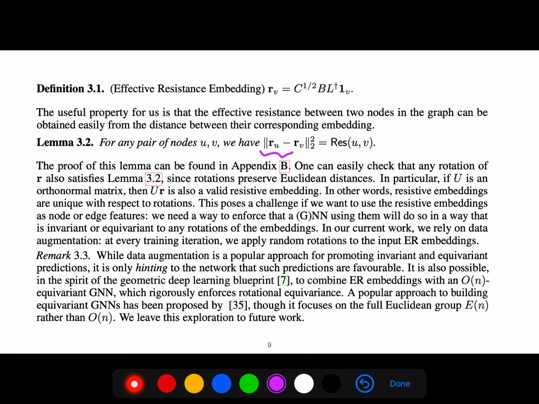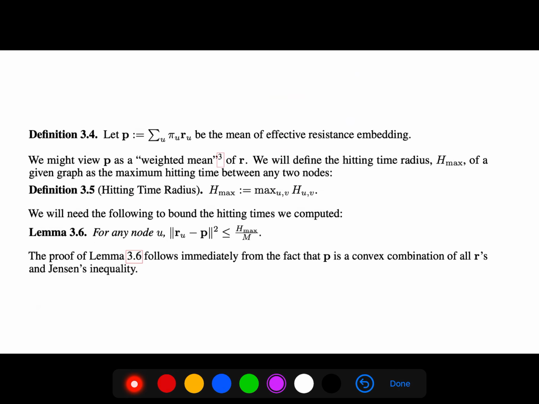So the distance, the L2 norm, is equal to the resistance between u and v. And then they define the mean effective resistance embedding. So using effective resistance, they define the mean of that.